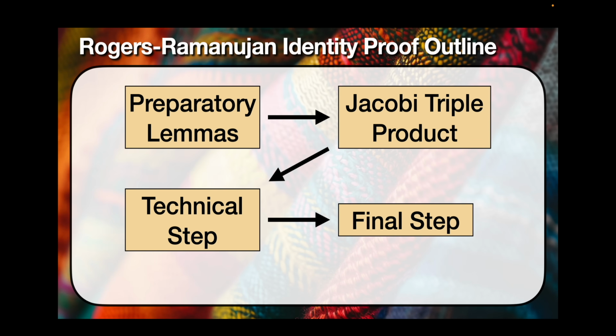Now, the technical step isn't really going to be super motivating, but a pretty simple application of this technical step will give us the final step of our proof, which will give us the result that we're looking for. Okay, so now that we've seen this outline, let's jump into the first of our preparatory lemmas.